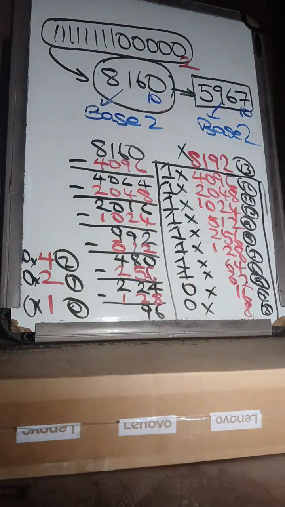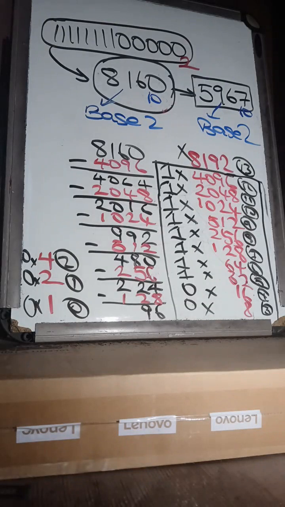If we're converting base 2 to base 10, I believe that's a lot easier to do. Whole heap easier. Now this was a bit tedious because of the number that we had. The number was kind of big.